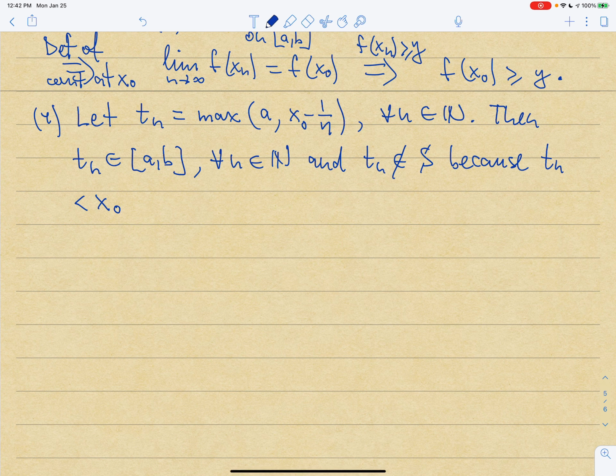And x0 is the smallest number that belongs to S. So this is the infimum of S.